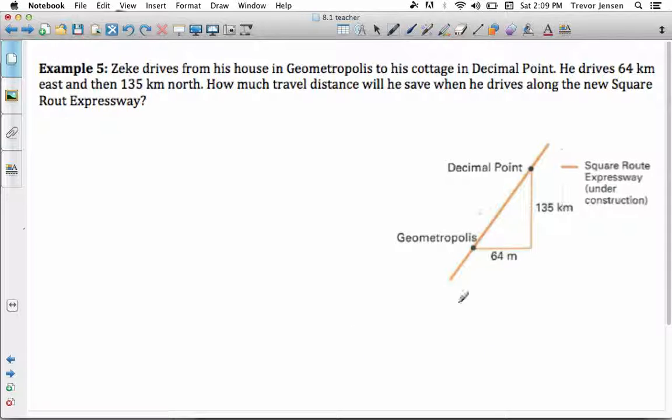So basically, when Zeke goes from his house to his cottage, he starts here, starts in Geometropolis, he drives east 64 kilometers, and then goes directly north 135 kilometers. Going directly east and directly north, that will form a nice 90-degree angle.